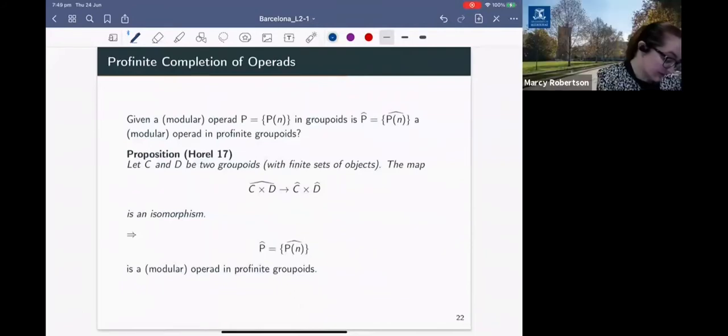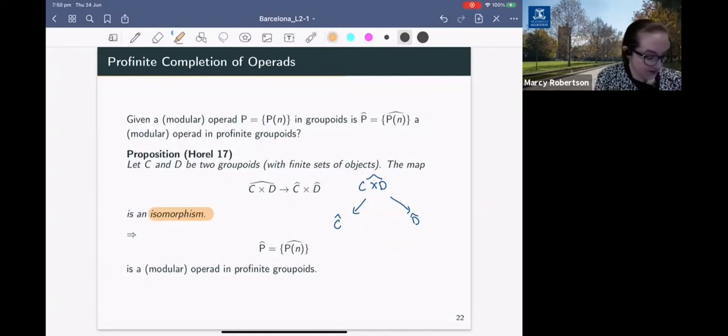So if you have nice enough groupoids, if C and D are two groupoids with finite sets of objects, then this map from the completion of the product to the product of the completions, given by the two projections, is an isomorphism.